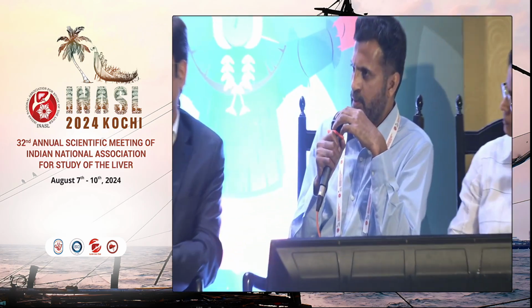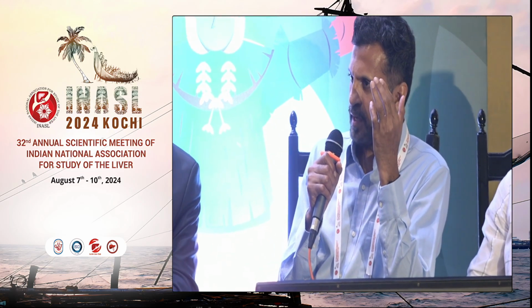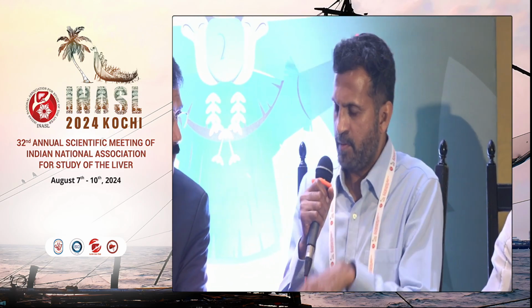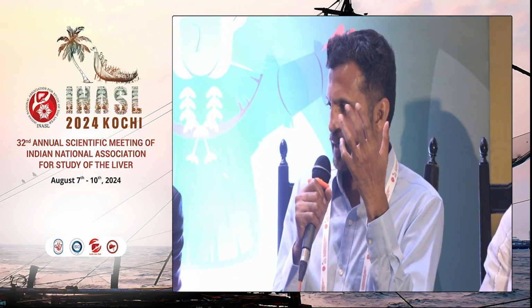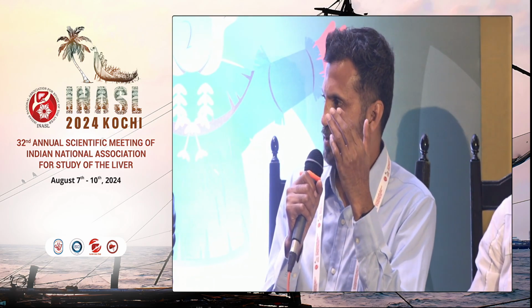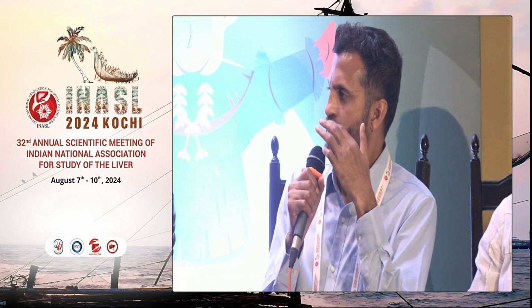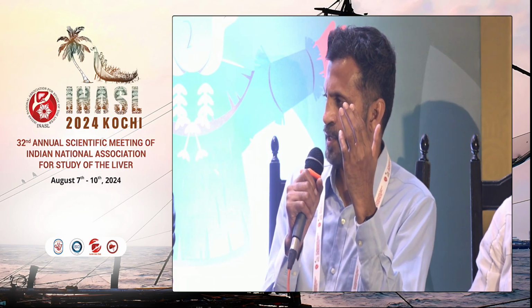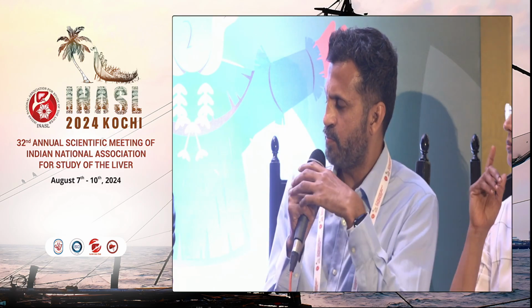With the implementation of the program, whenever alcoholic liver disease patients drink after transplant, there are parallels with the non-compliance of immunosuppression, with rejection rates, chronic rejection, etc. Did those things come down with your program?